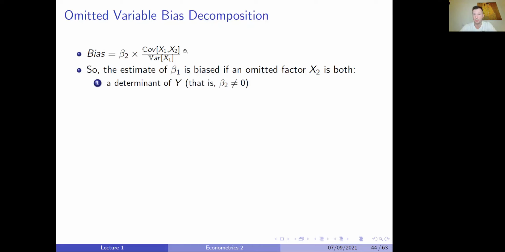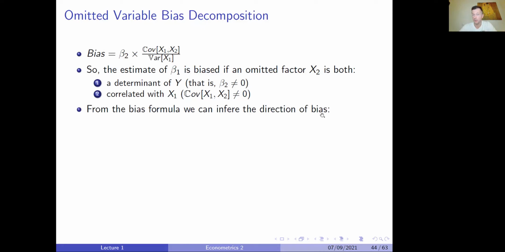And the most important, as you remember, there are many other factors in the error term that may potentially affect y, but if they are not related to x1, then we are safe. But if x2 is correlated with x1, if the covariance between x2 and x1 is non-zero, then this bias appears, and beta 1 hat is a biased estimate.